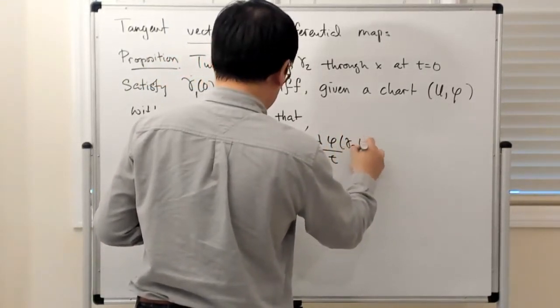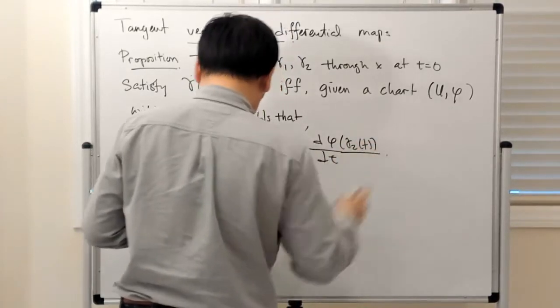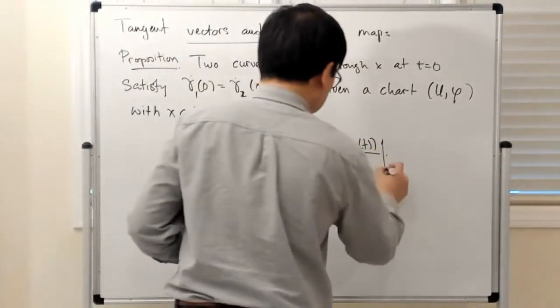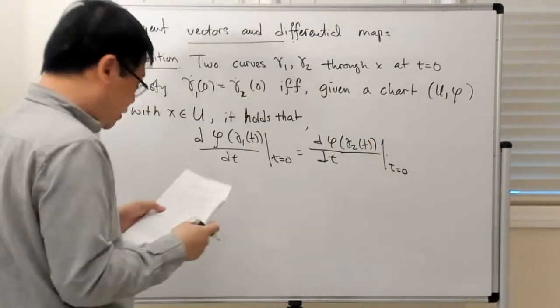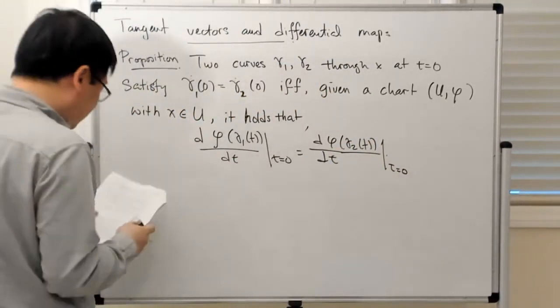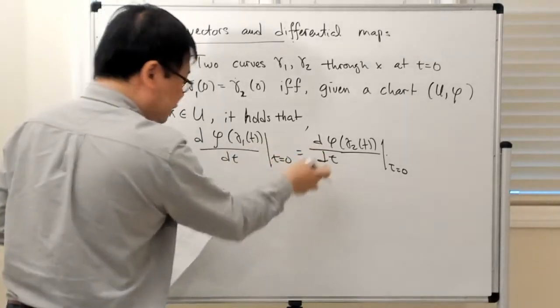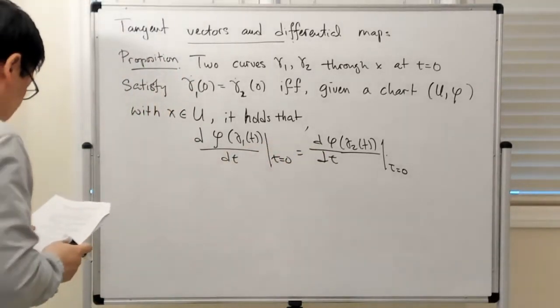That's basically what I had said before, right? That when you do this composition, you have a map from R to Rn basically, and so you can check whether these two things agree using the classical notion of a derivative.